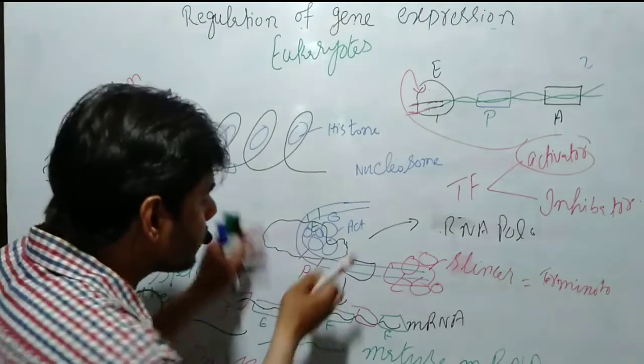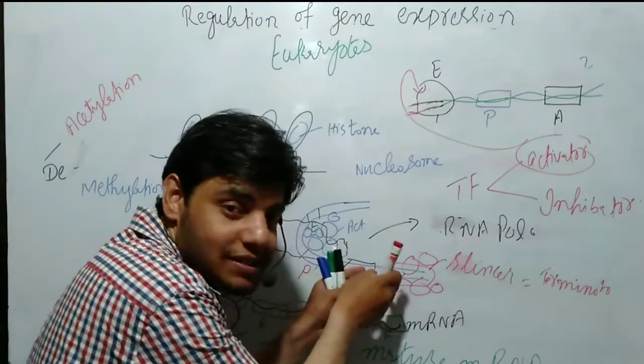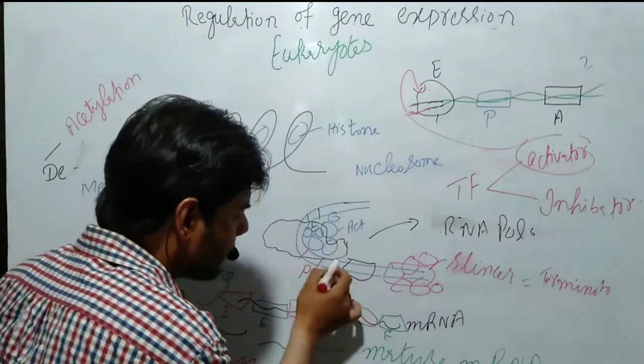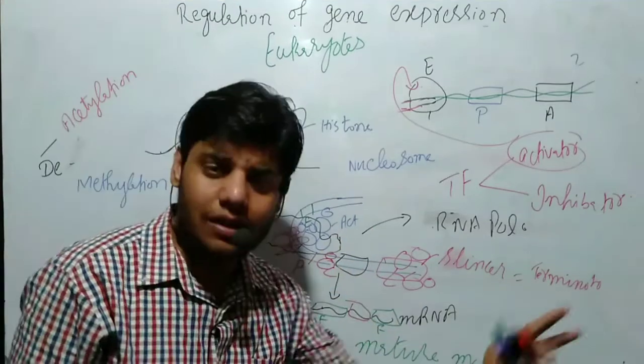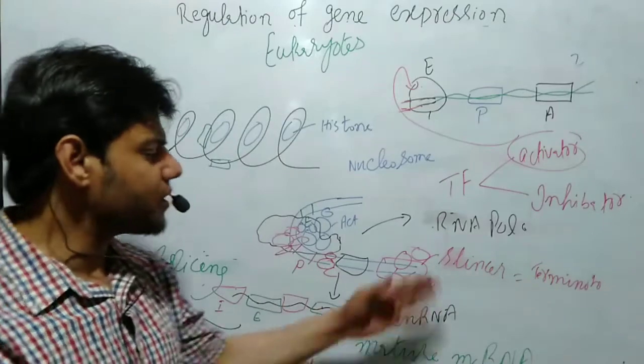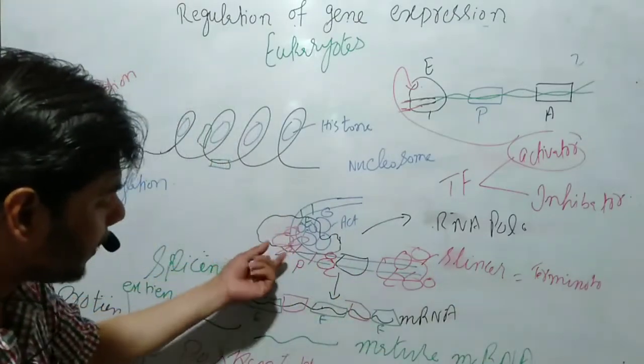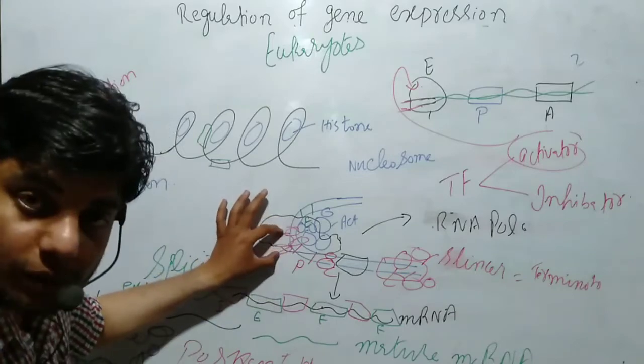When they bind, RNA polymerase cannot pass. The silencer sequence is present upstream and downstream as well, but let's suppose here I am drawing the silencer sequence at that portion.